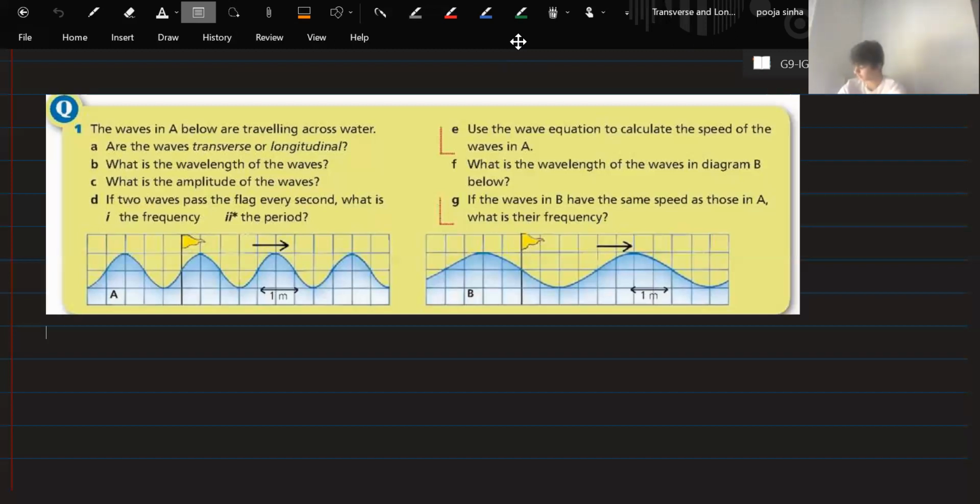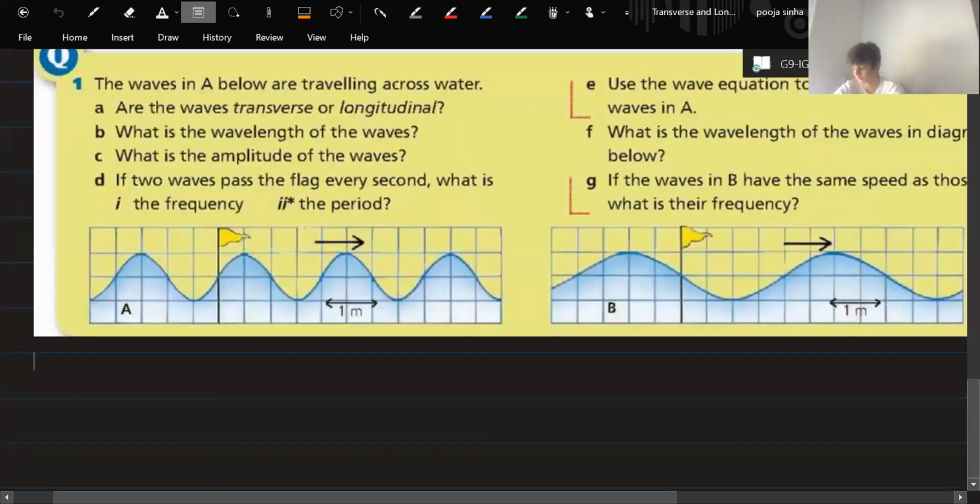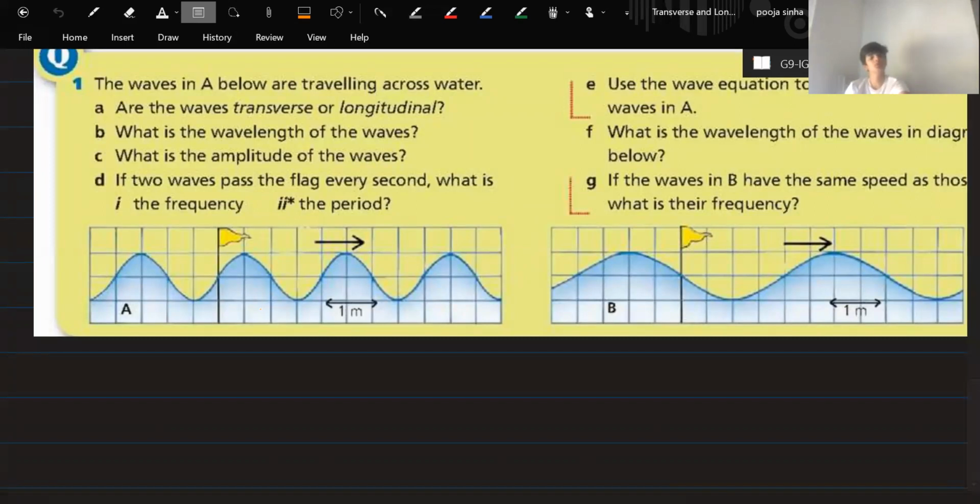What are we supposed to find? If two waves pass the flag every second, what is the frequency? Two waves. 2 hertz, okay.